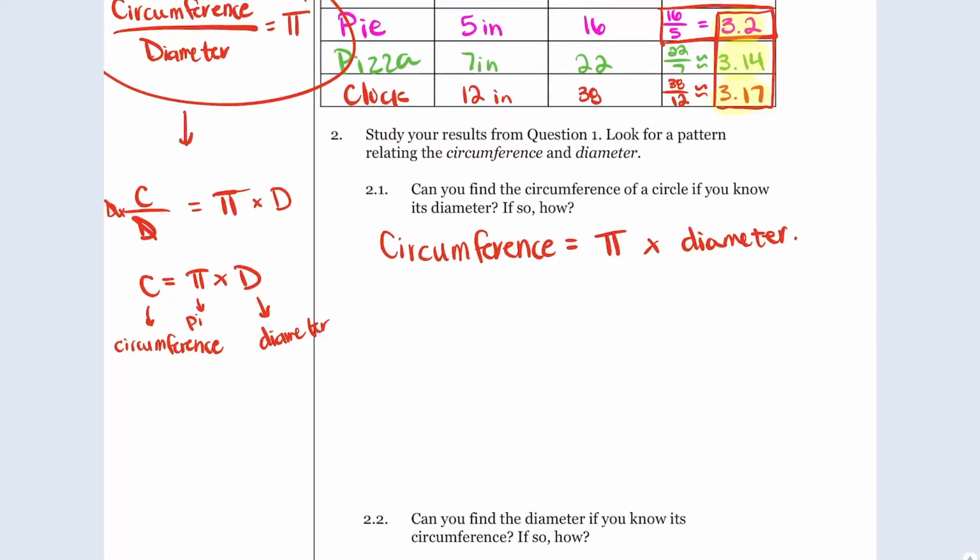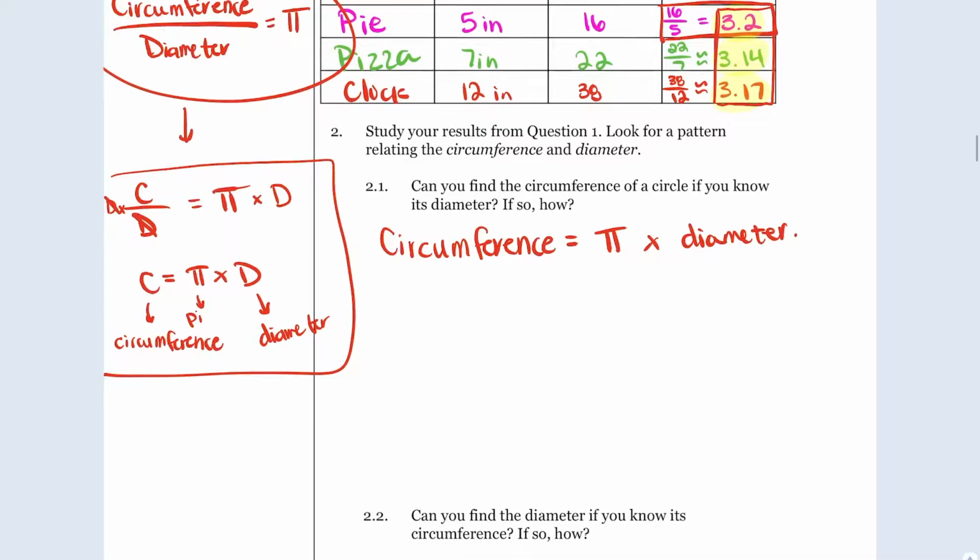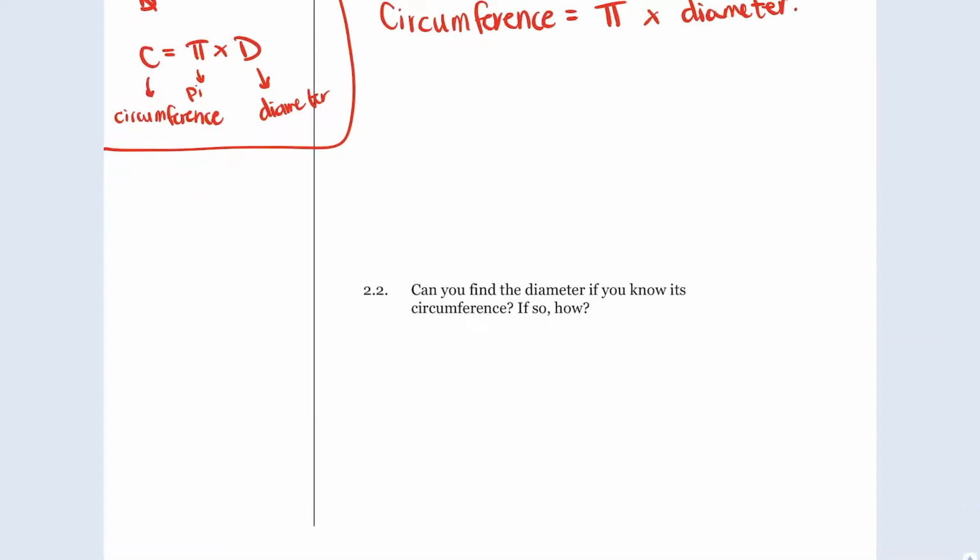And we kind of answered the "if so, how" part of this question over here. We used fact families to rearrange circumference divided by diameter equals pi to create circumference equals pi times the diameter. Okay, the next question is very similar. Can you find the diameter if you know its circumference?